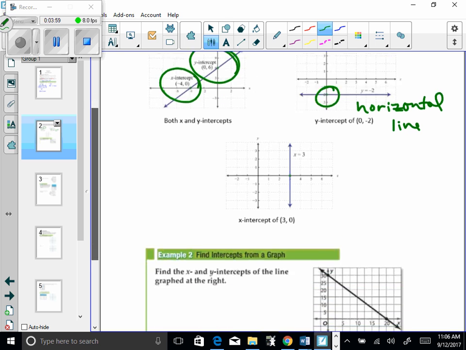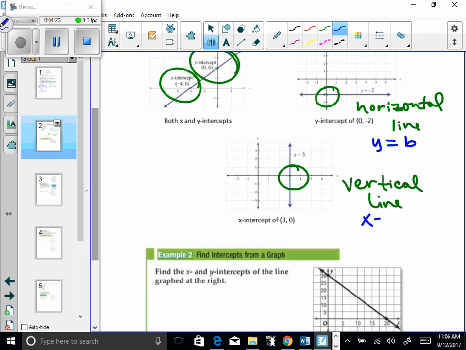And then our third example here is one that only has an x-intercept, and its equation is x equals 3 because it goes through 3 on the x-axis, and it is a vertical line. So horizontal lines will have the equation y equals b, and vertical lines will have the equation x equals a.